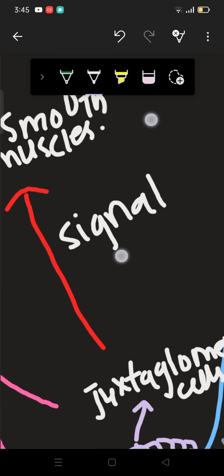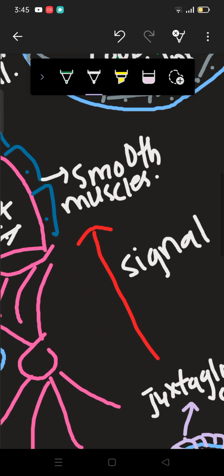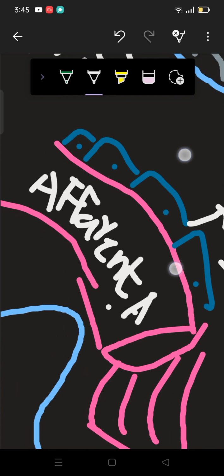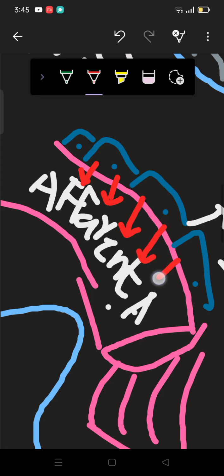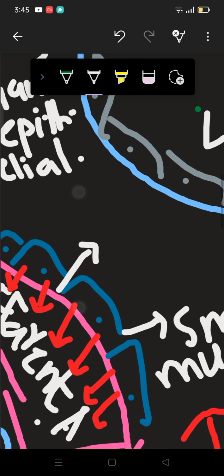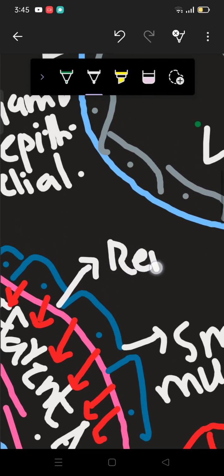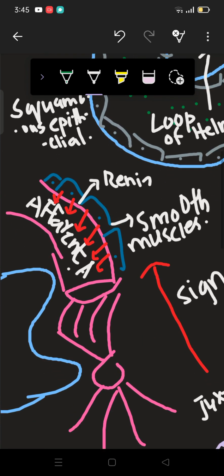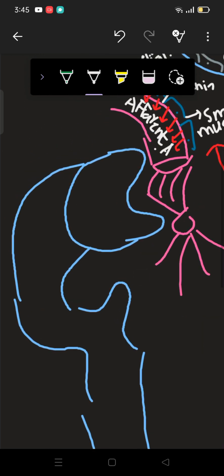So the fluid is testless, so smooth muscles will start producing renin. Now they'll start producing renin, and then again it will go to the filtrate.